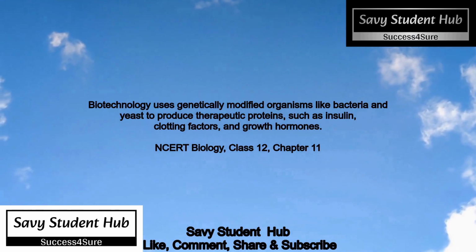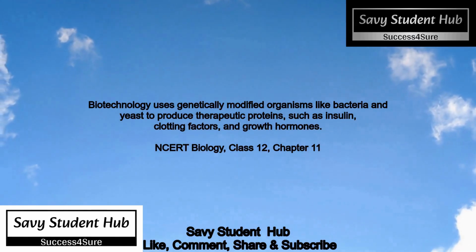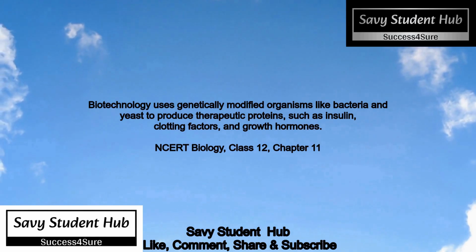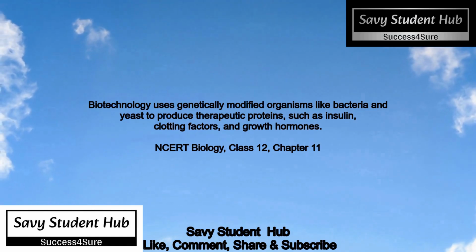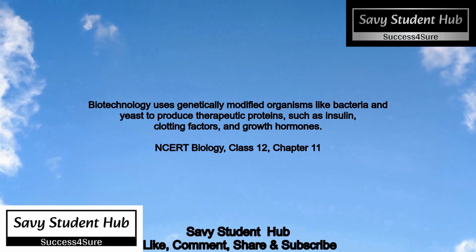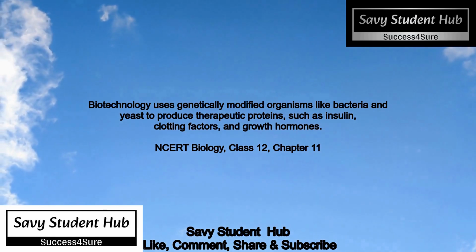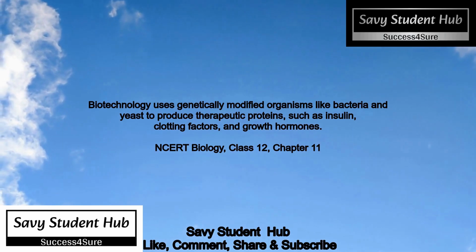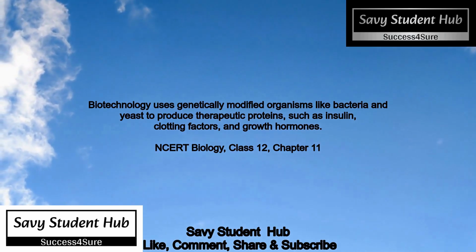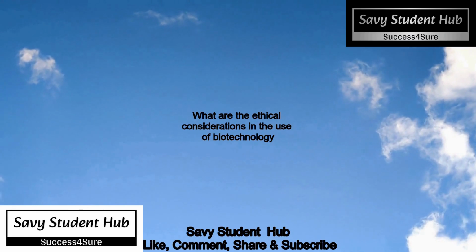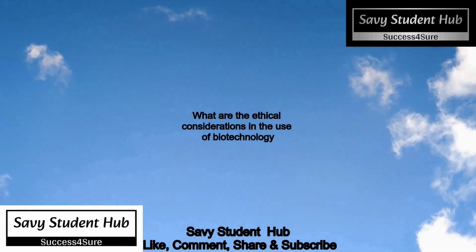Biotechnology uses genetically modified organisms like bacteria and yeast to produce therapeutic proteins, such as insulin, clotting factors, and growth hormones. What are the ethical considerations in the use of biotechnology?